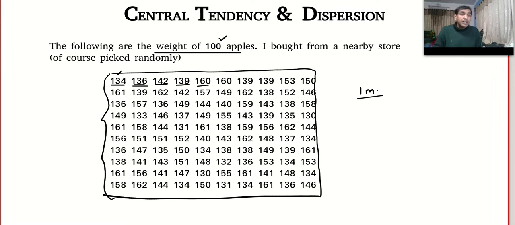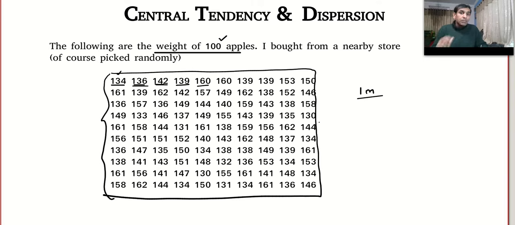You can collect data using mobile applications, using websites, and you'll get a lot of data, maybe 1 million, maybe 2 million pieces of data. Now the question comes, what will you do with all these numbers? You're not going to get any idea by looking at all these numbers.